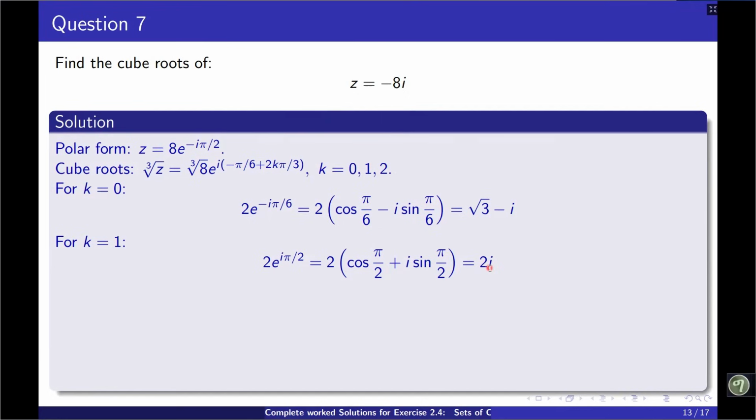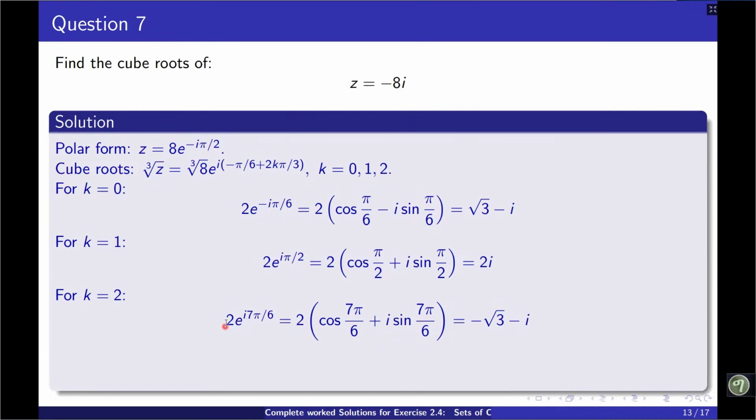And lastly, the third root is obtained by letting k equal to 2. When k is equal to 2, we have 4 pi over 3 plus negative pi over 6, which is 7 pi over 6.